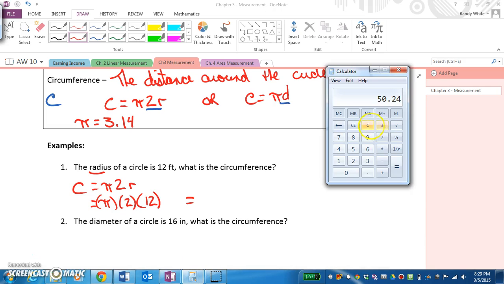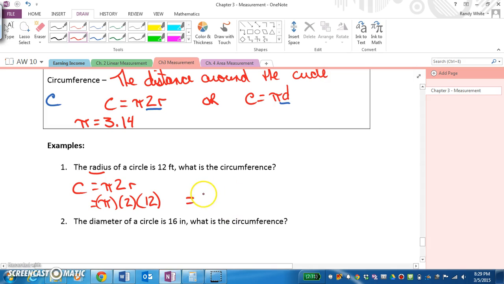So I'm going to go 12 times 2 times pi, which is 3.14. Some of you are going to have pi on your calculators, and I suggest that you do not use that button, that you use 3.14. That way your answers will be closer to what I get. So I get 75.36 feet. Okay?